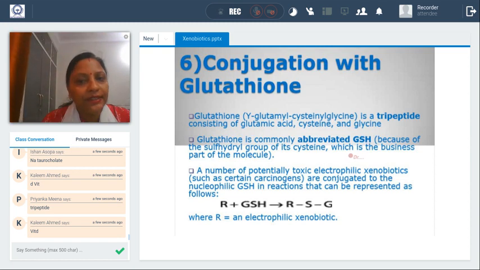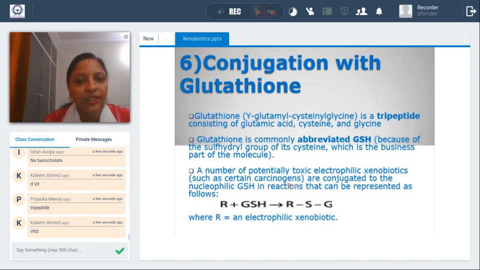Glutathione is commonly abbreviated as GSH because of the sulfhydryl group of its cysteine, which is part of this molecule. A number of potentially toxic electrophilic xenobiotics, such as certain carcinogens, are conjugated to the nucleophilic GSH in a reaction that can be represented as follows: R plus GSH gives RSG. This R is an electrophilic xenobiotic. So it is important in the case of cancer.